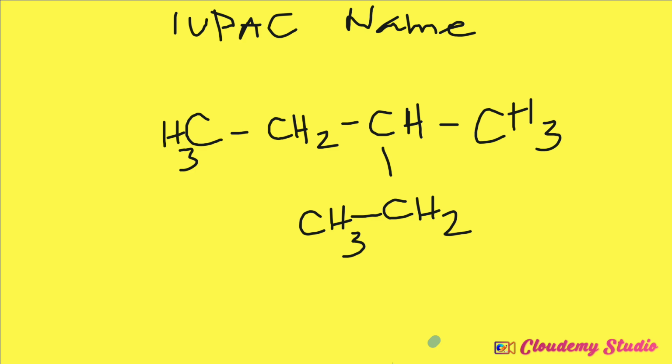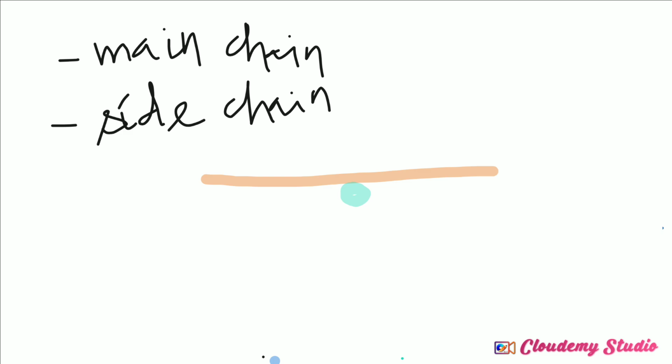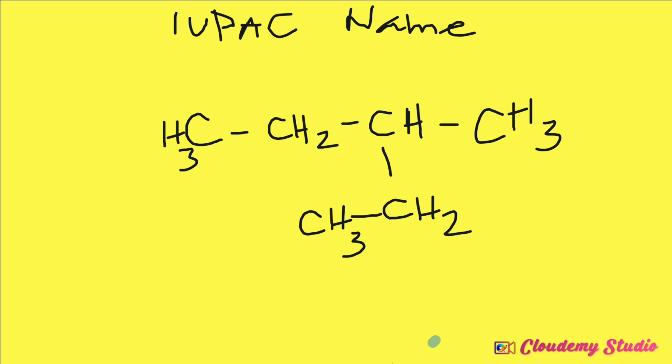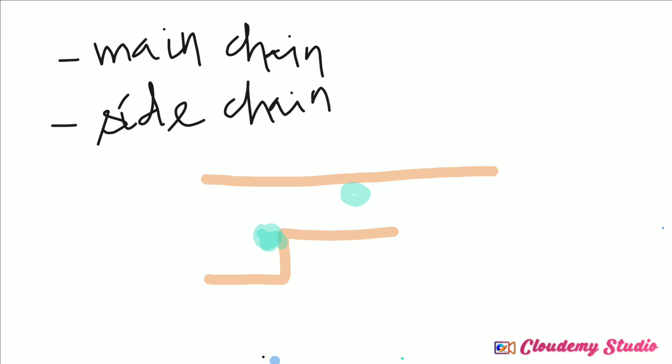Another way is that the chain goes like this, and here at this spot the substituent, the side chain, is there. Another way: the chain goes like this, and here the substituent or the side chain is present.